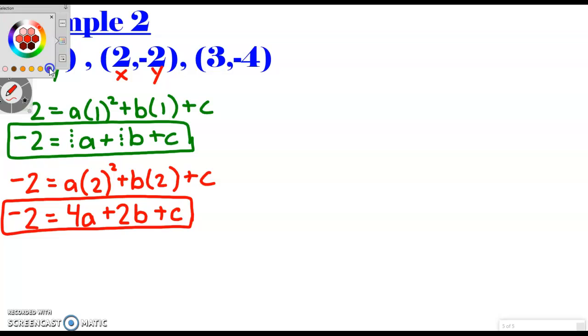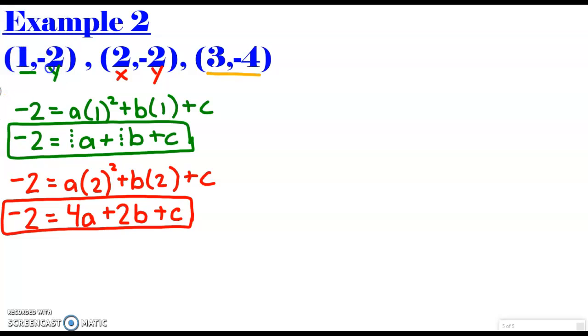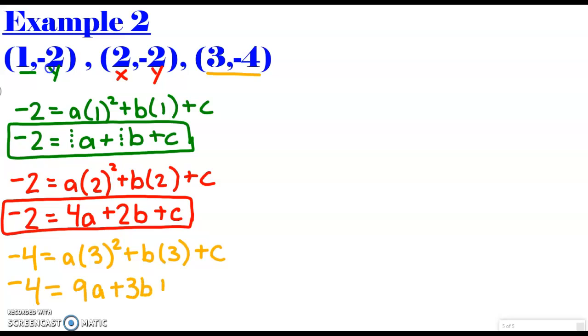And then to get our third equation, we'll plug in 3, negative 4. So negative 4 equals a times 3 squared plus b times 3 plus c. That would be negative 4 equals 3 squared is 9a plus 3b plus c. So there's our system.